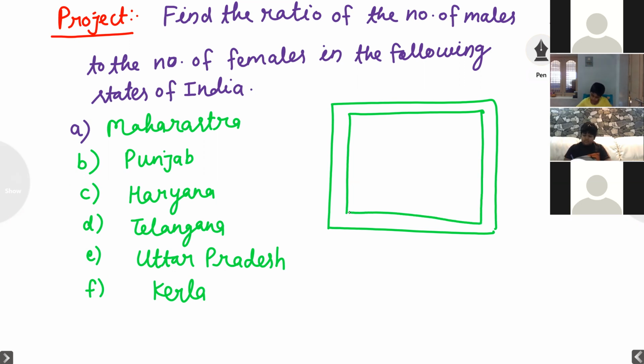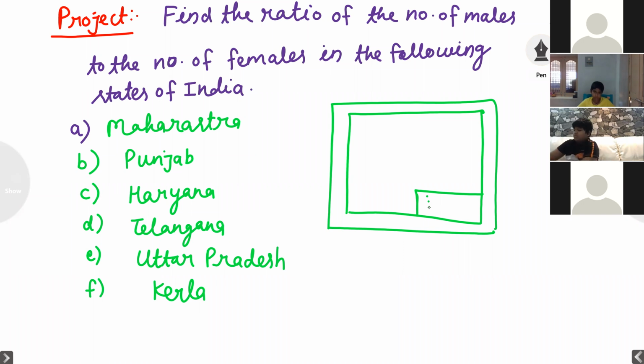After that, you have to write your name, grade, and then the project name. The project name is ratio and proportion. After that, class and section.